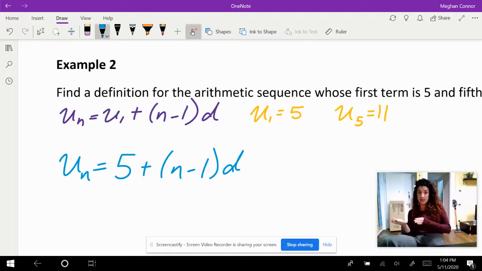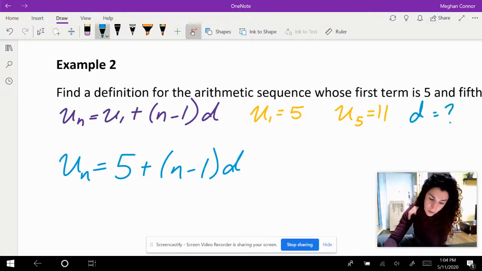D needs to be a number in order for the formula to be complete, whereas n is going to stay n, because it's going to be like our input, like f of x always needs to have an x somewhere in the equation following. U sub n, there always needs to be an n somewhere at least once in the equation. So we want to keep n as a variable, but we want d to be a number. D is a constant that we need to find. So d equals question mark.